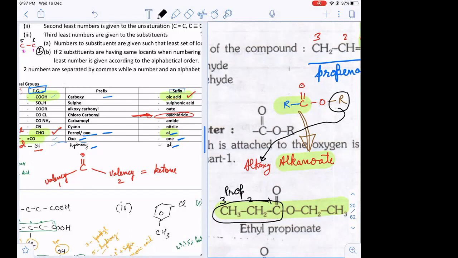Then the substituent: the R attached to the O is the substituent, and it is called alkyl, meaning the name of the alkyl group attached, and hence it is ethyl.